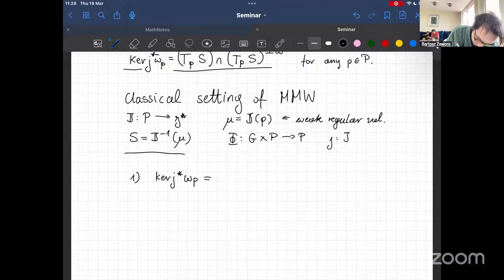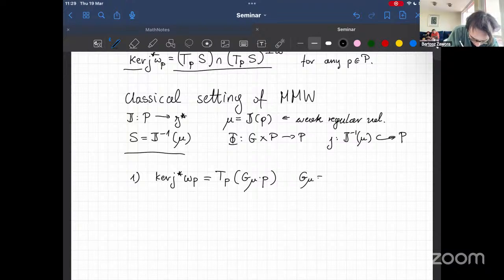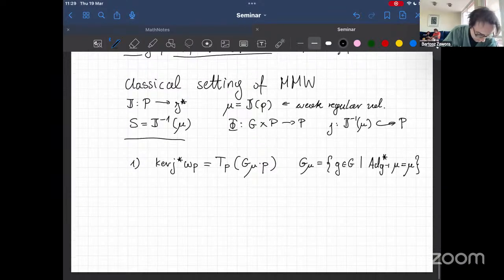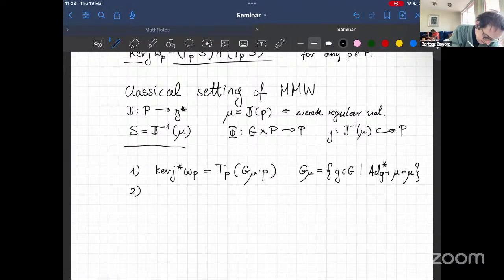Here, J is the inclusion of the level set of the momentum map into P. So this is given by the tangent space to the orbit generated by G mu, where G mu is an isotropy subgroup of an element in the dual Lie algebra. And in the dual Lie algebra, we have an adjoint action, so it's the set of g such that Ad_{g^{-1}} of mu equals mu. So this is the characteristic distribution.